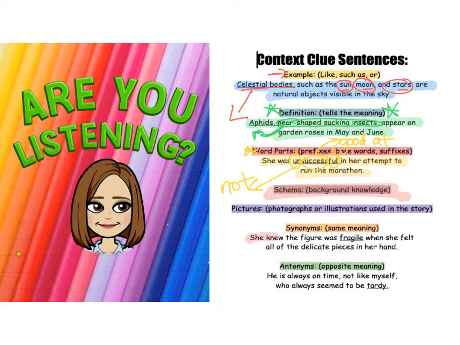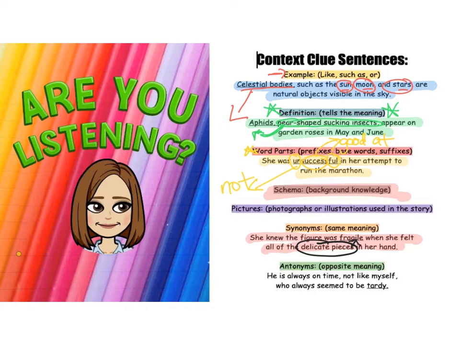Like this example, she knew the figure was fragile when she felt all of the delicate pieces in her hand. So I'm noticing that the author gave the word delicate pieces. This is a synonym for the word fragile. So delicate pieces fall apart easily. So that must be the meaning of the word fragile. Notice how that synonym, delicate pieces, helped us figure out the word.